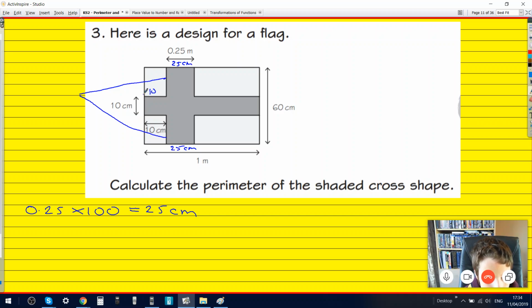And so without this 10, you're left with just these two. And so what do these two add up to? All three add up to 60. And so what are the two missing parts?